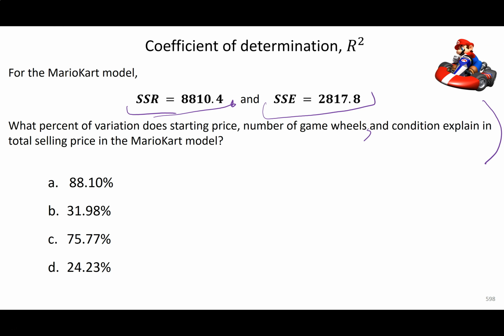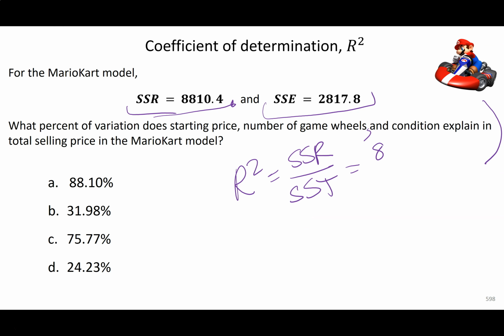So we want to look at R squared. R squared is going to be what's explained by the model over everything there is to explain. Notice we didn't quite give you sum of squares total, but we did give you enough information to calculate it.